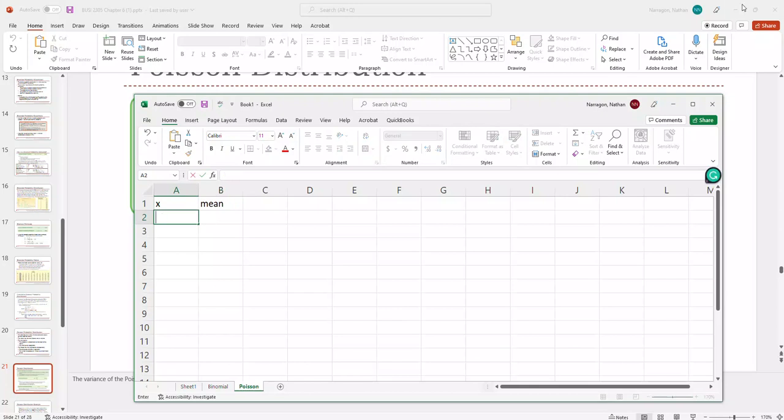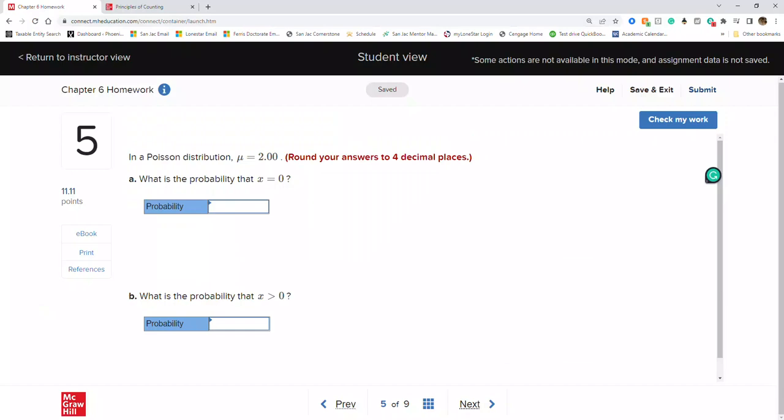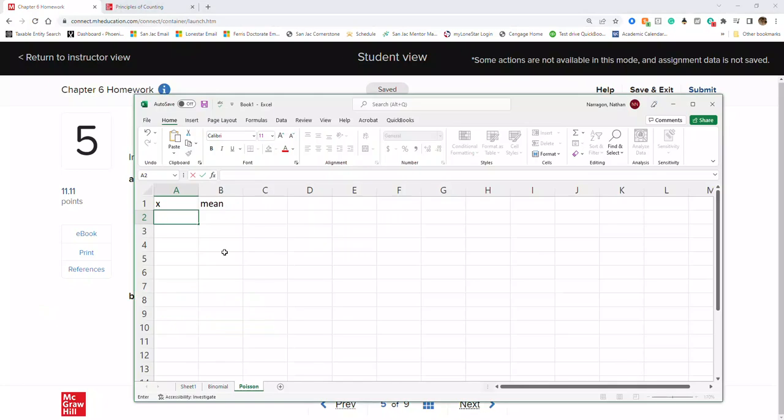Well, back to our problem. Our mean is 2, and our x is going to be 0. Okay, so here comes the formula.